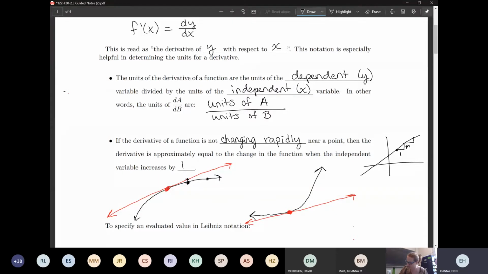Even if I go another step over, it gets farther away, but it's still not that bad. So I could just say that the function is going to be approximately the same value as that tangent line for a little bit. Whereas if I go to my option on the right, if I jump over one, well, that's already starting to be large.